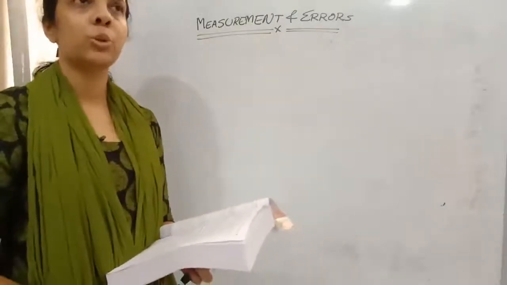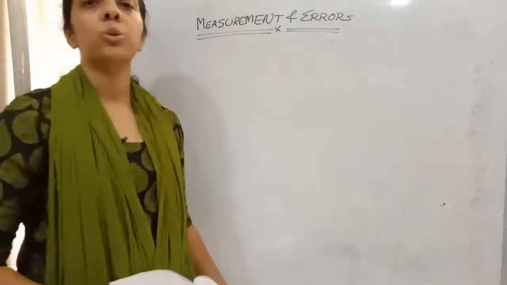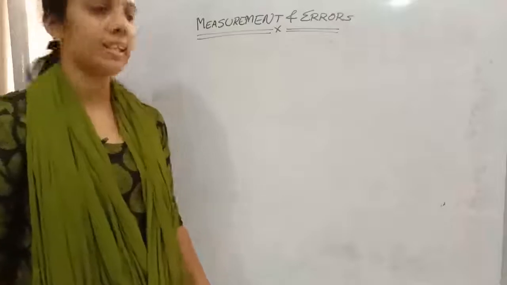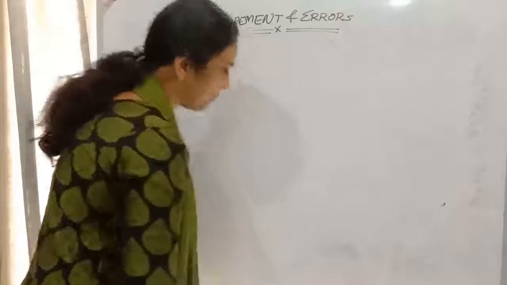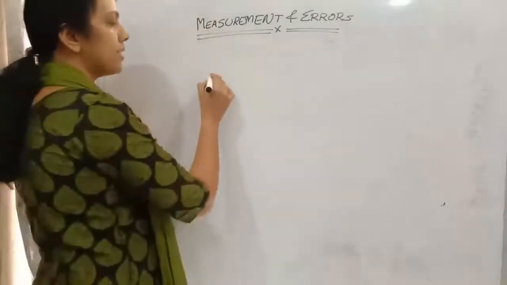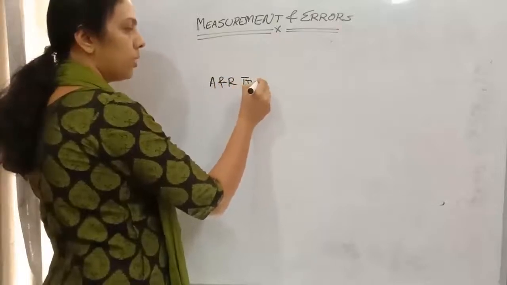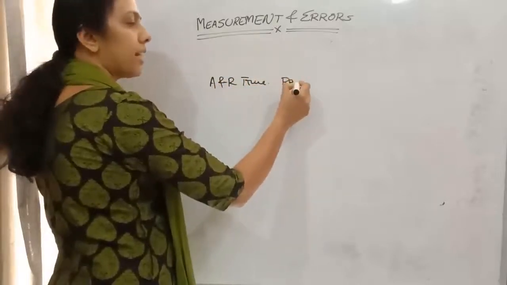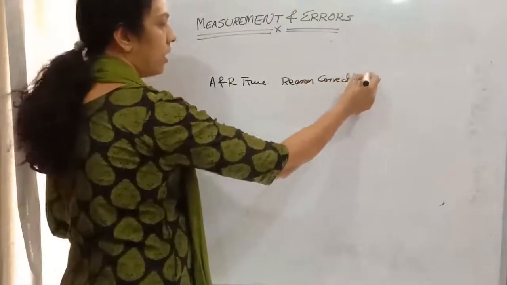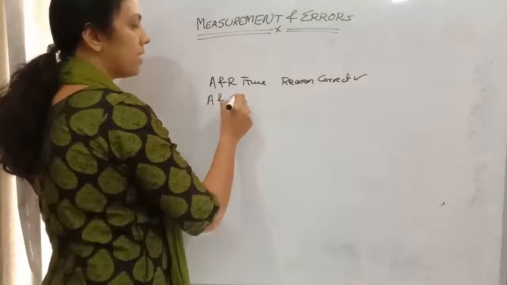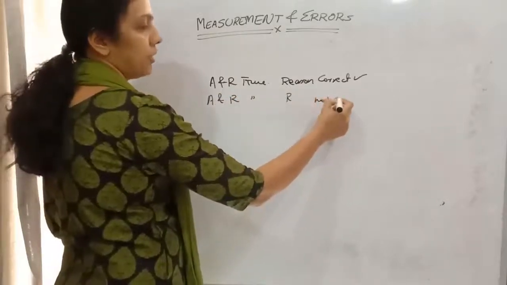I told you many times, in one of my videos itself, how to approach assertion reason type questions. For these, the options will come like this. First one: assertion and reason are true, and reason is the correct explanation for the assertion. Second: assertion and reason are true, but reason is not the correct explanation.